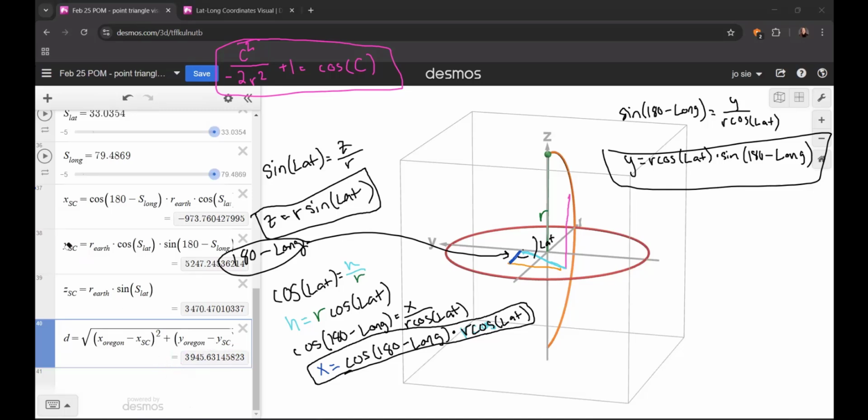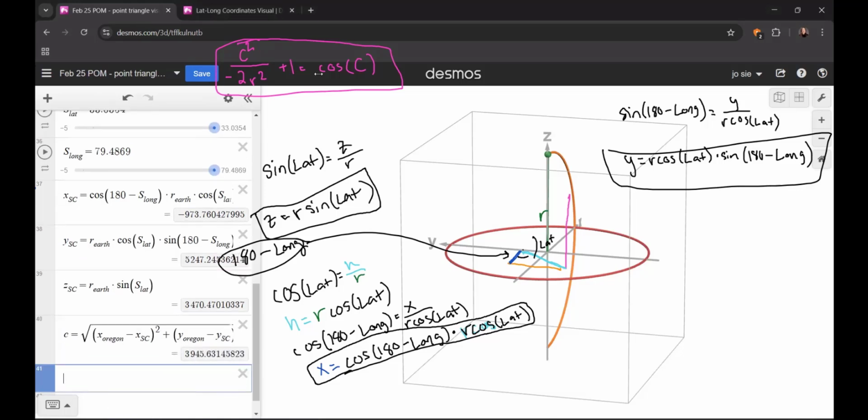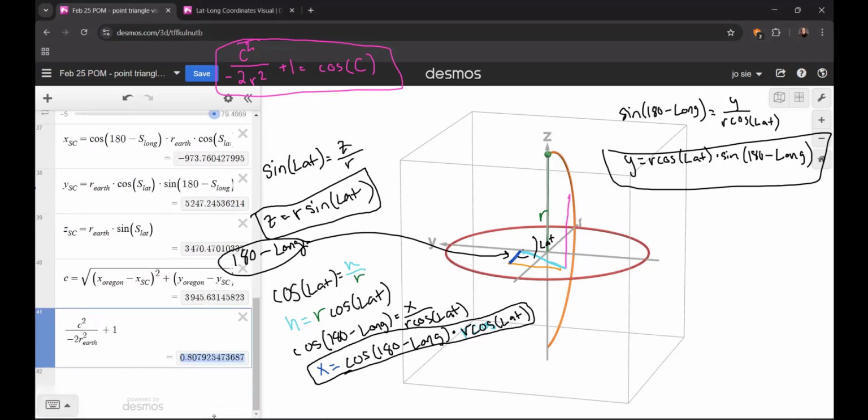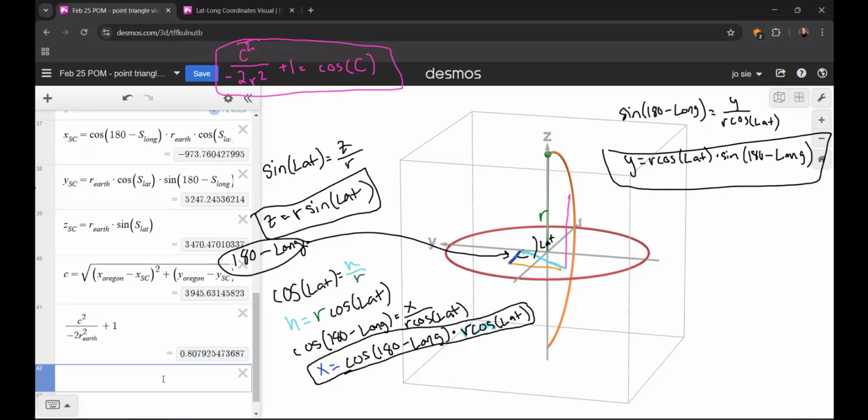So actually, I'm going to go ahead and change this from D to C. So cosine of some angle equals this number here. So what we have now is cosine of our angle C is equal to this number.